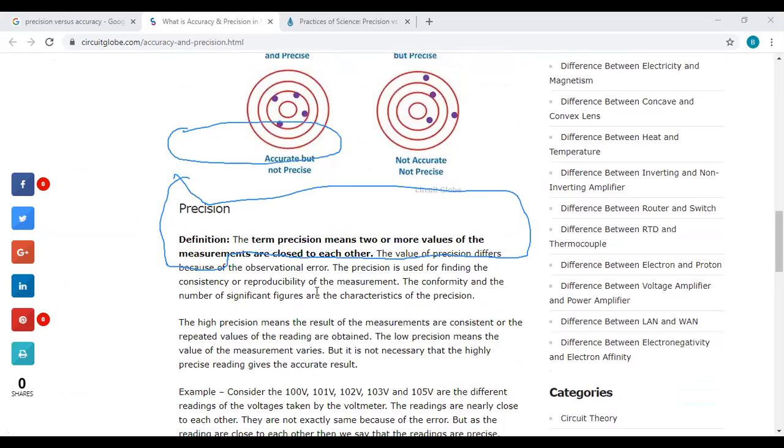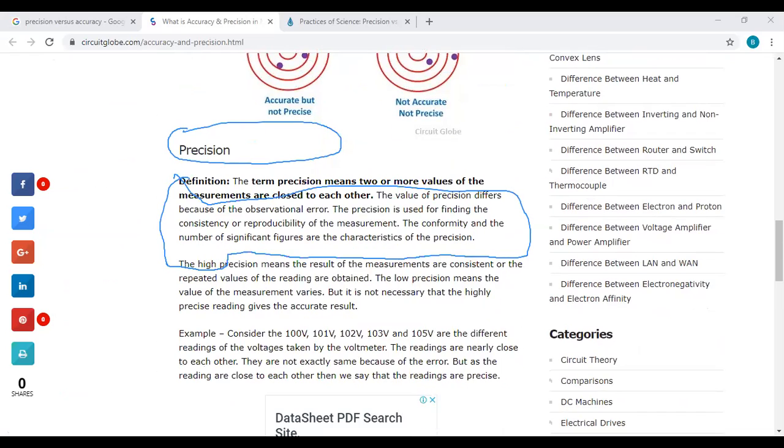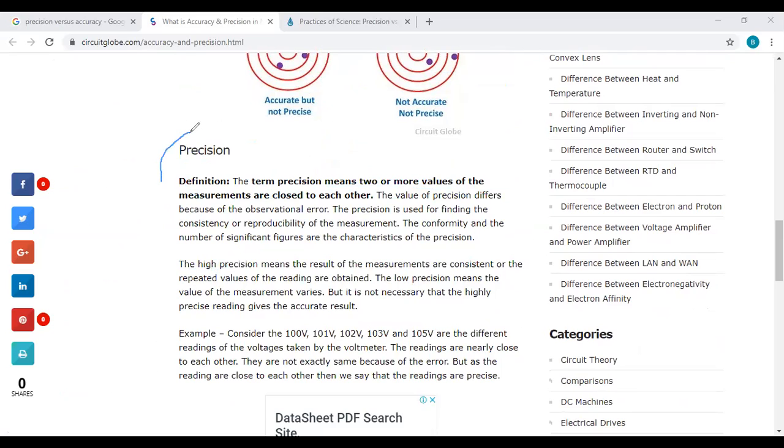Now, can you see this? Now write down the definition of precision. You should write it from here till here.